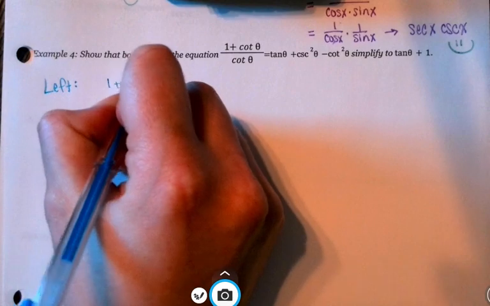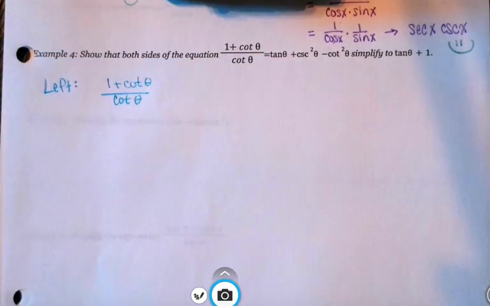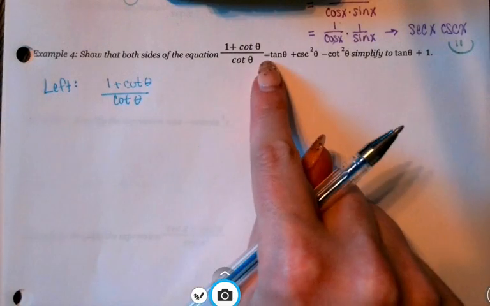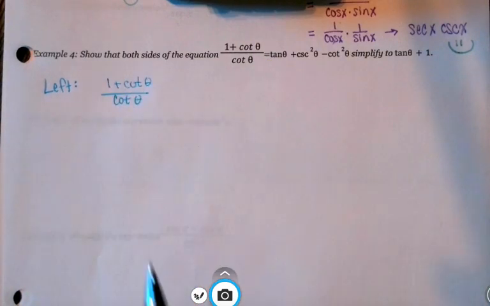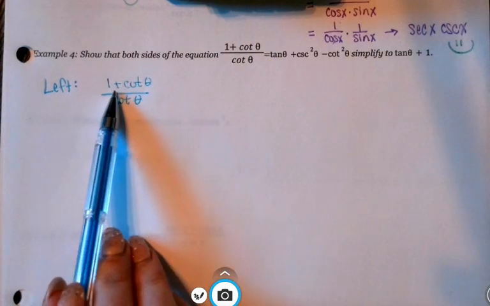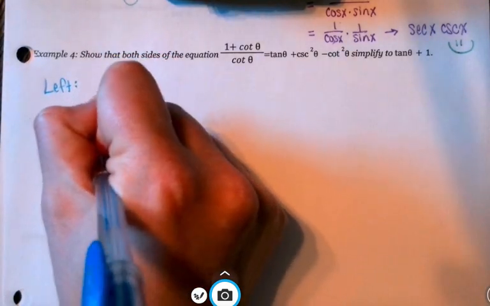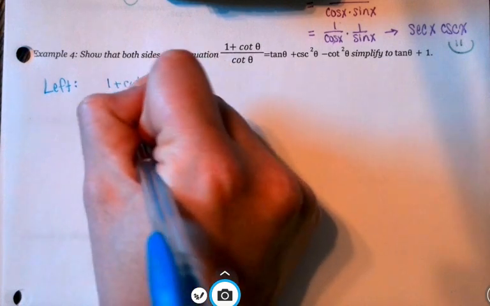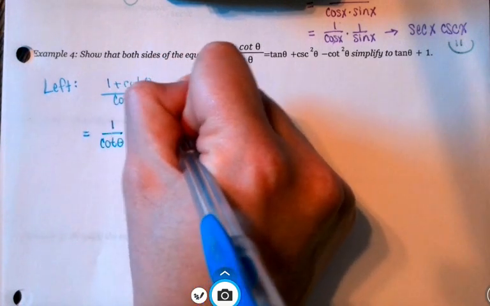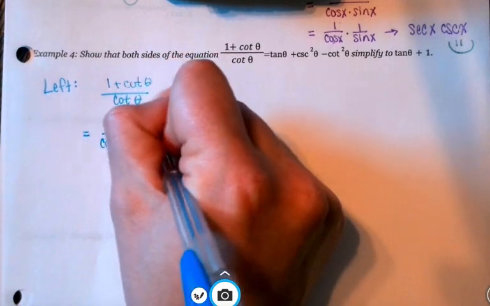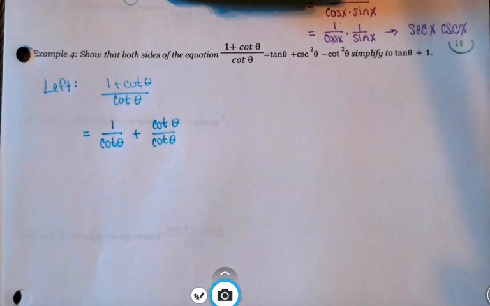So for the left, I'm just going to rewrite what I have. And I have 1 plus cotangent over cotangent, and then it's my equal sign. So I only want to focus on this part. Since I have the addition in the numerator, I can split up my fraction into 1 over cotangent plus cotangent over cotangent.